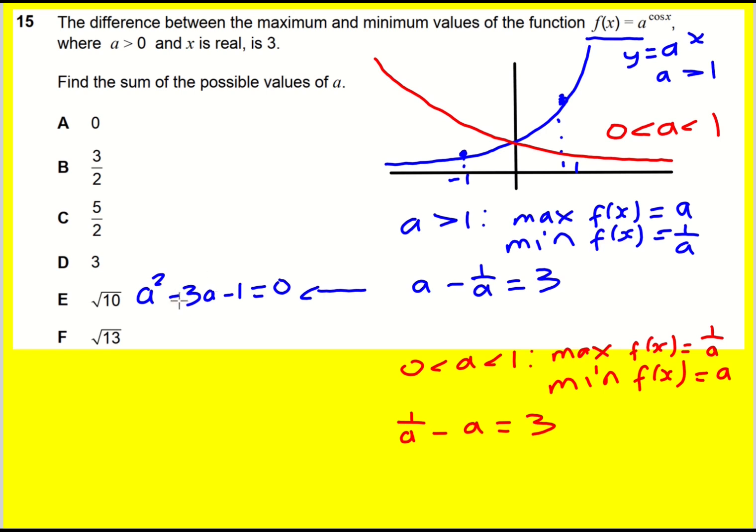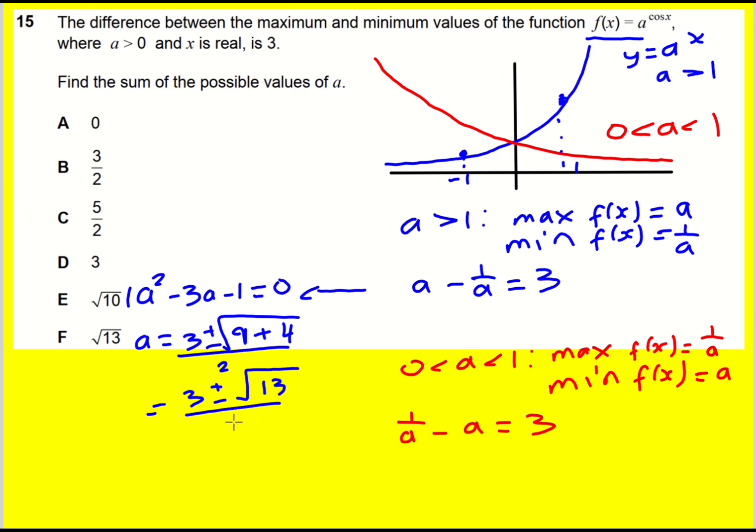It's not an easy one to complete the square on, so I'm just going to go ahead and use the quadratic formula. a is going to equal 3 plus or minus the square root of 9 minus 4ac, where a is actually the 1 here. So it's going to be 9 plus 4, square rooted, all over 2. So it's 3 plus or minus root 13 over 2.